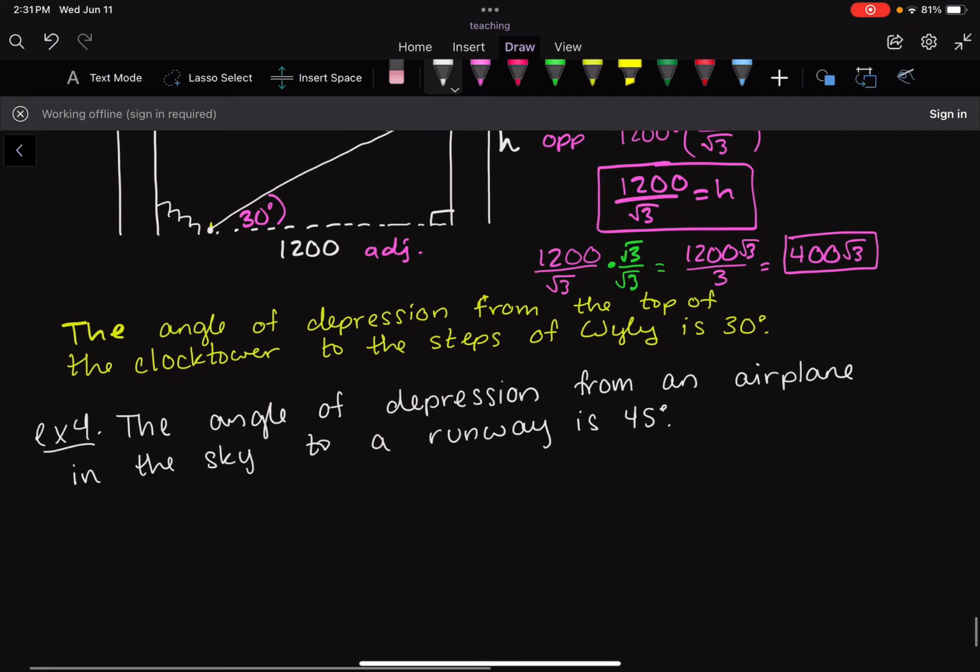So what we're looking at here is we've got an airplane flying in the sky and it's going to start to land. So it's kind of landing onto the runway.